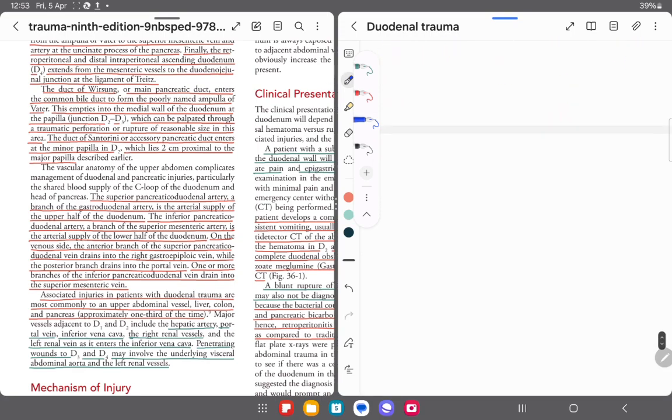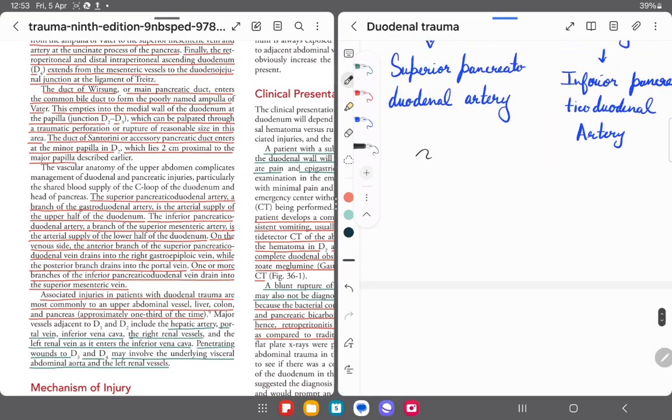Then we have the veins. The veins are superior pancreatico-duodenal veins.